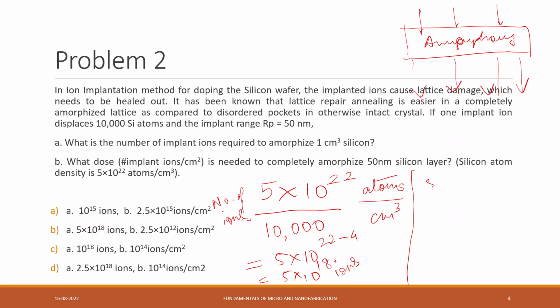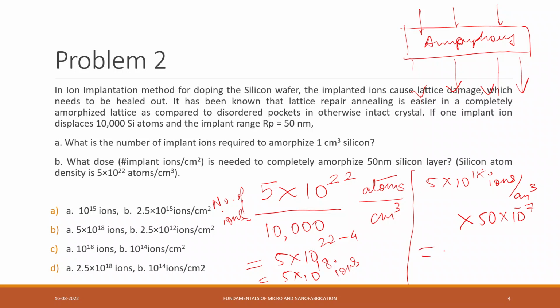So we know that 5 into 10 to the power 18 ions per centimeter cube is needed to amorphize it. So we have to calculate how much is needed to go down to 50 nanometer. 50 nanometer we can write as 50 into 10 to the power minus 7 centimeter.